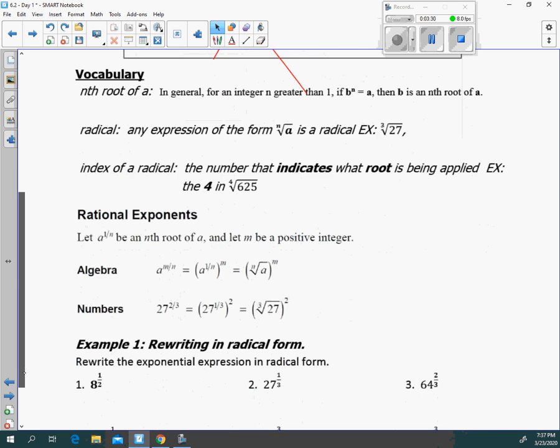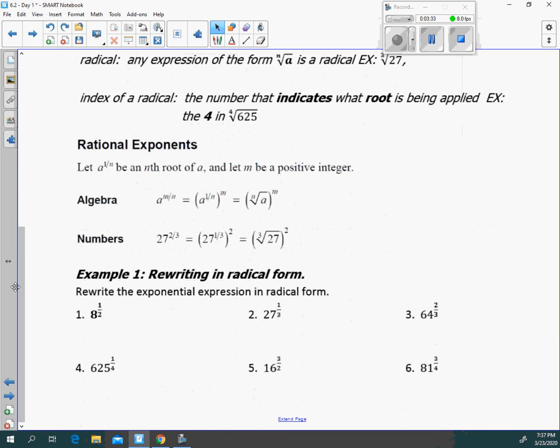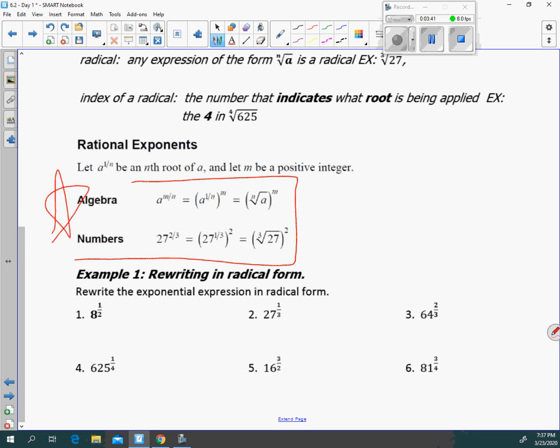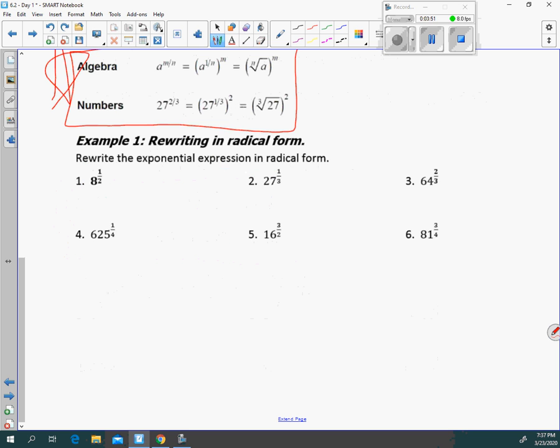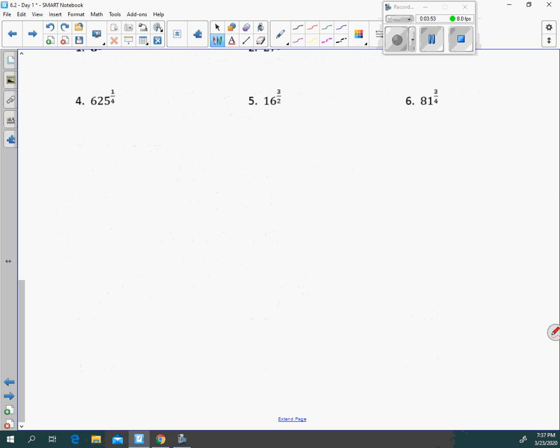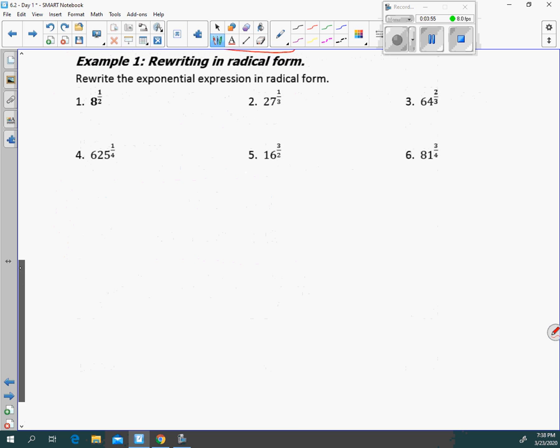This is the important stuff right there, though. If you look at it, here's what we're going to be doing on every single problem today. So if you want to study that and make sense of that, go for it. If you want to just watch me do some examples, I think that you're going to be a smarter individual after today. All right? So let's get smart together.